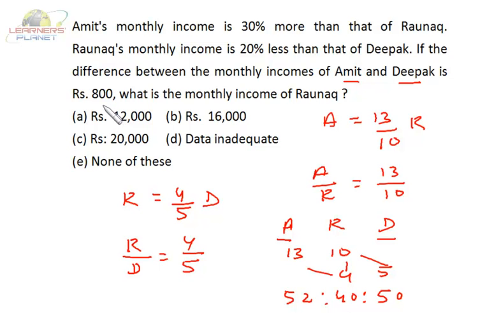And what is Ronak's income? That is 40 part. So one part is 400. That means 40 part is 400 into 40, which is 16,000.